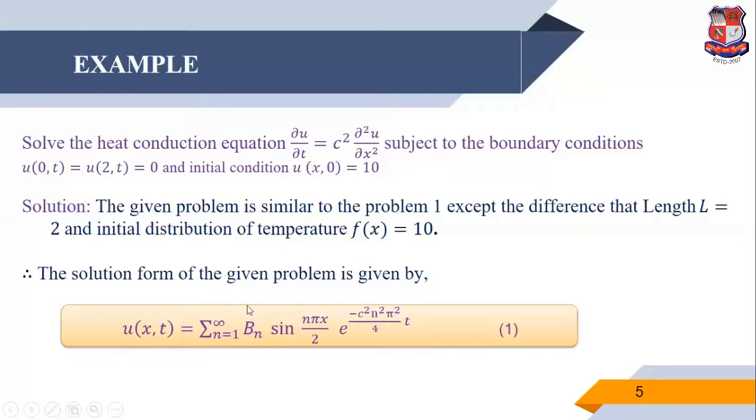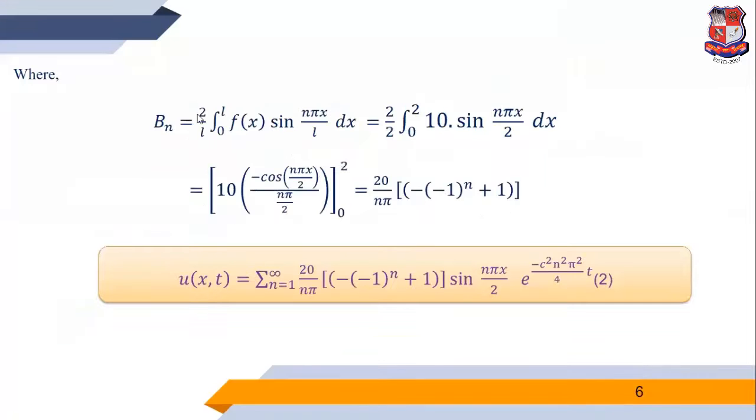Now we find the value of b_n. We know that b_n is the Fourier half range sine series coefficient, which is defined as 2 by L integral 0 to L f(x) into sine(n pi x by L) dx.